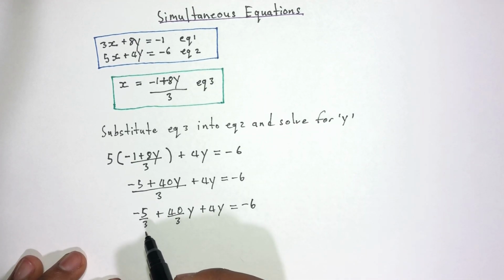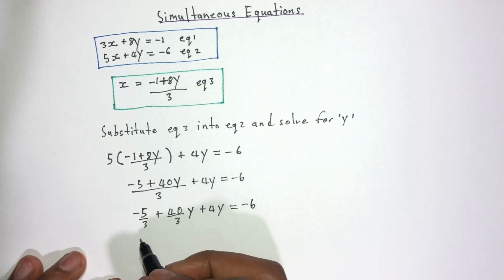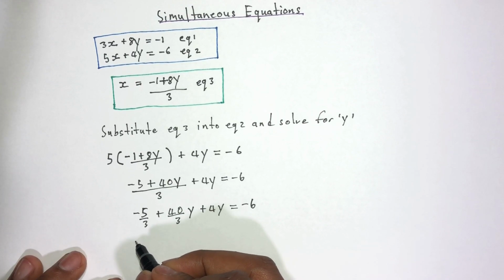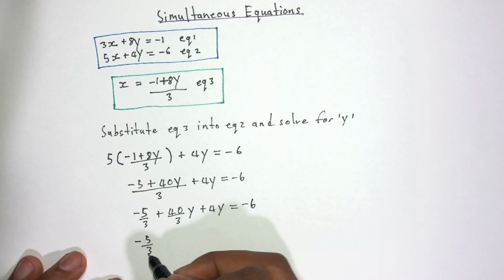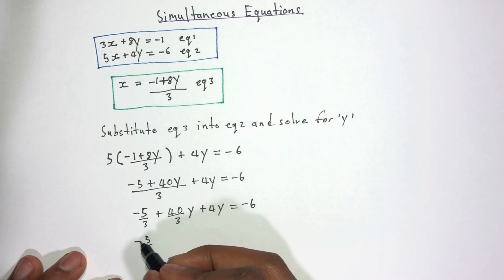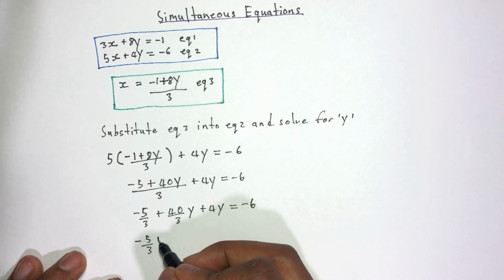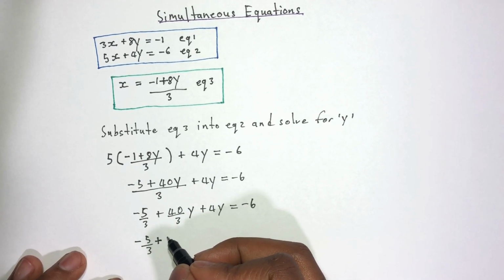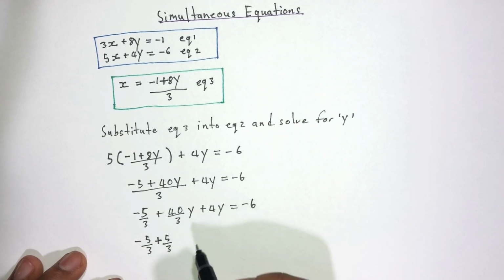Now we're going to group like terms. Because this is negative, we have to have a positive 5/3.